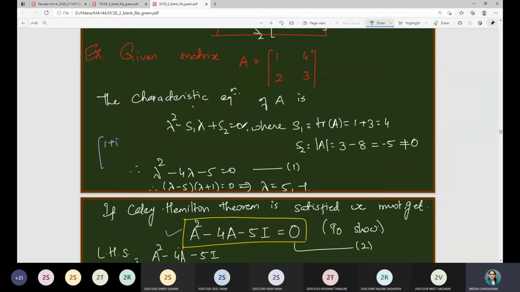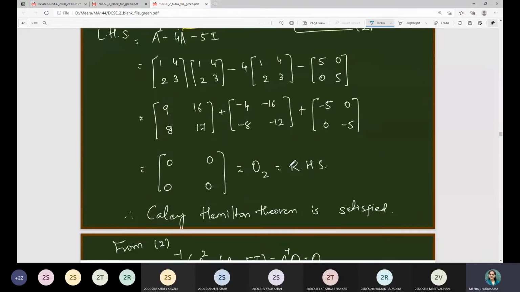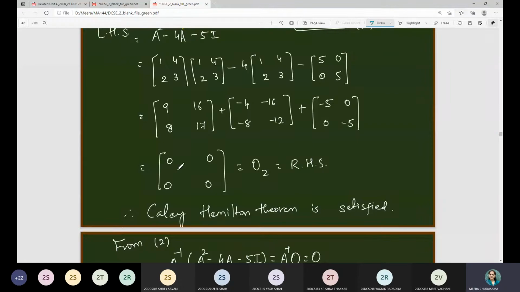And yesterday we started with this example, for which the characteristic equation is given by equation number 1, and the Cayley-Hamilton theorem equation is given by A square minus 4A minus 5I is equal to 0. After that, we showed that it satisfies the Cayley-Hamilton theorem, that is, RHS is a 0 matrix corresponding to this LHS, right?